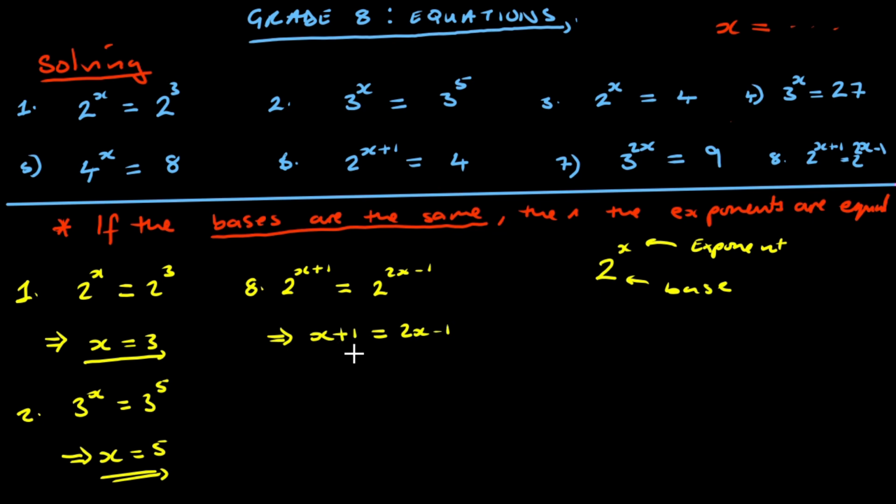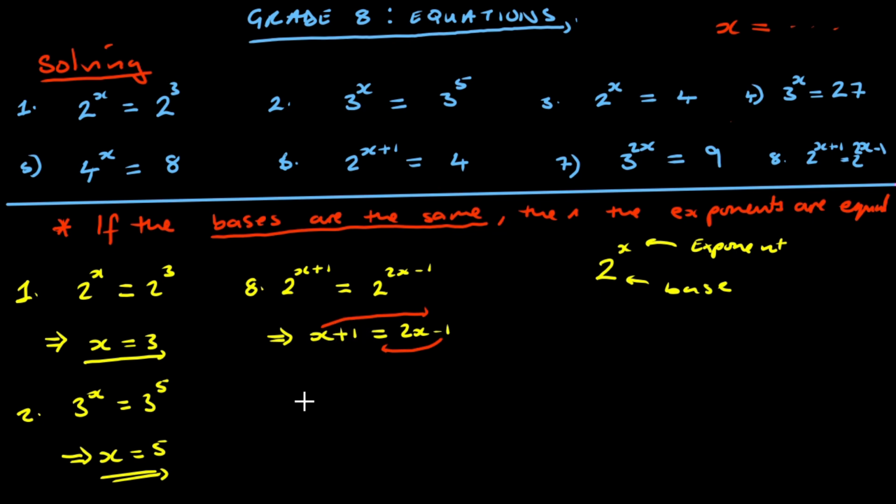But now we don't have our x, so we have to solve for x the way we talked about in other equations, by making sure that we collect like terms on the same side. This x needs to go to the other x, and this one needs to go to the other side. Remember, every time you cross the equal sign, your sign changes.